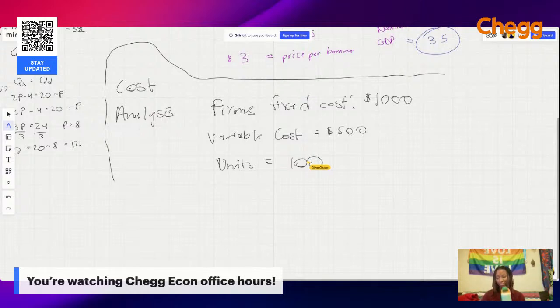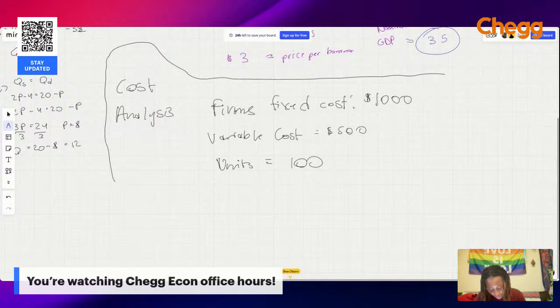What is the total cost and average cost per unit? We can solve that by using the basic formula. Total cost equals fixed cost plus variable cost. So we already know what the fixed cost is, and we already know what the variable cost is.